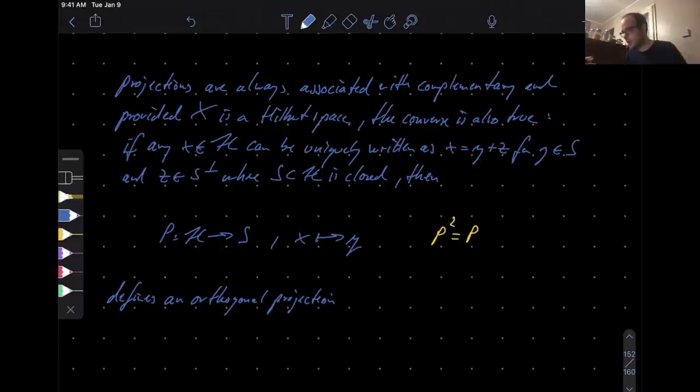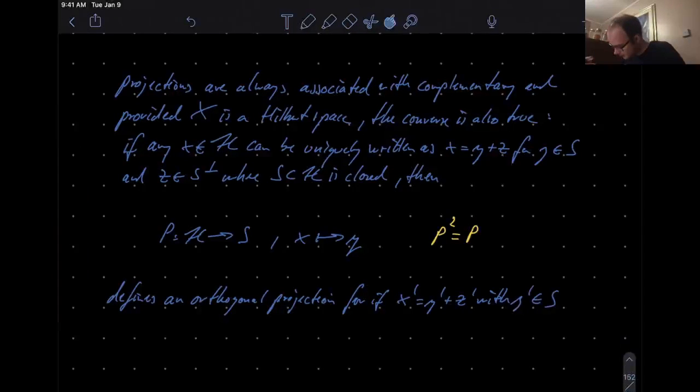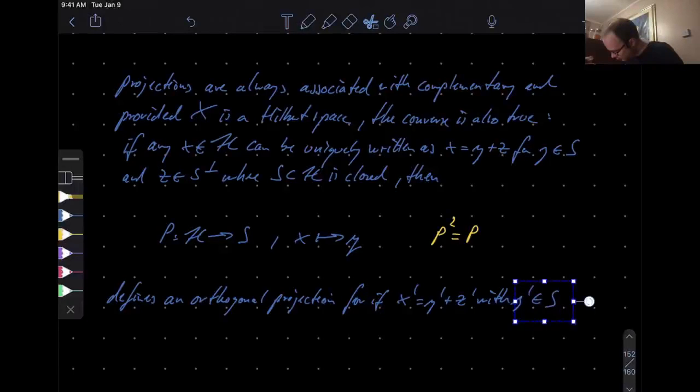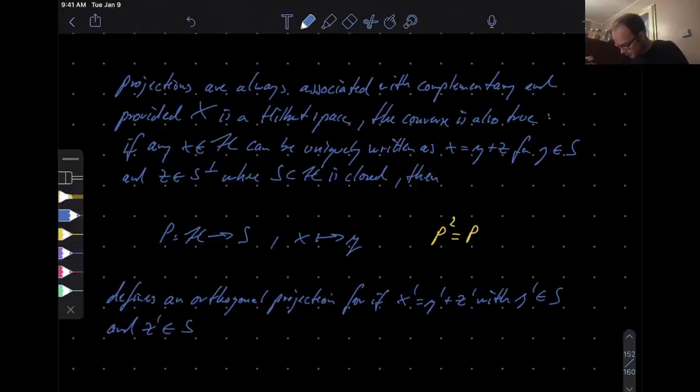Why an orthogonal projection? Well, here's a little computation. I have to compute the adjoint and show that it's equal to P itself. So if x prime is equal to y prime plus z prime, with y prime in S and z prime in the orthogonal complement thereof, then let's look at the inner product of Px with x prime.